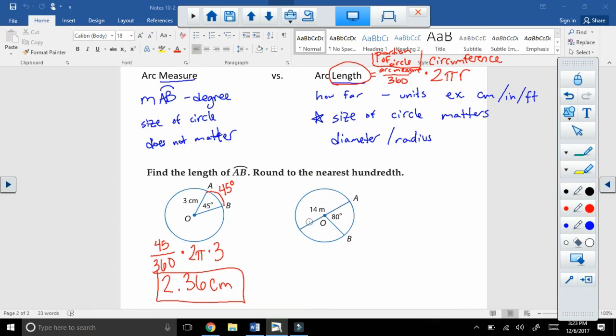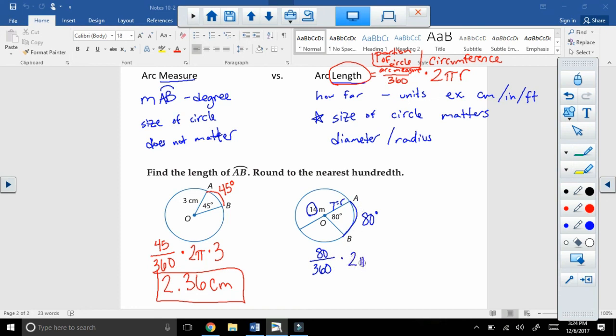This next one I'm doing the same thing, but notice here how the whole diameter is drawn in. That makes 14 the whole diameter. So if you want to figure out what the radius is for that formula, the radius would be 7. Finding the length of AB, that's 80 degrees for the measure. So I'm going to have 80 over 360. That's the whole portion of what that would be.